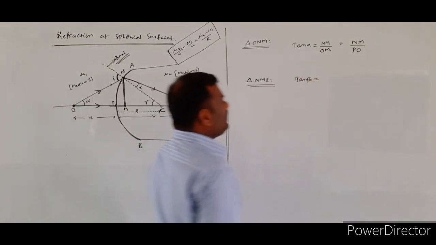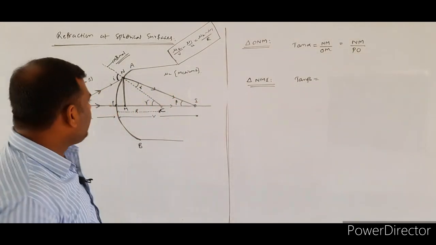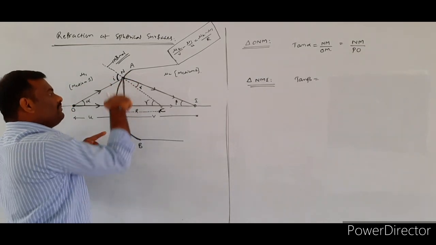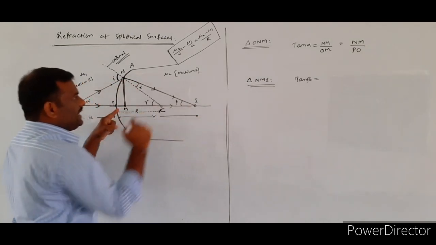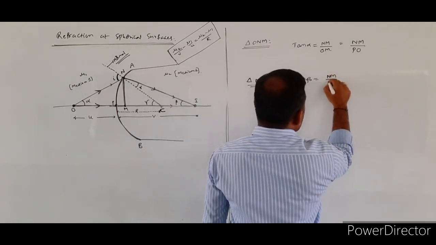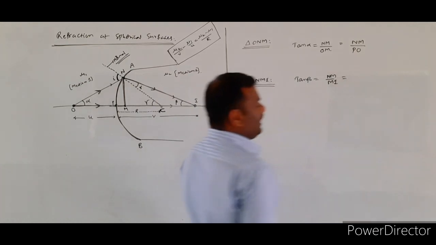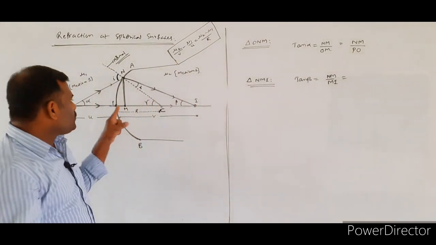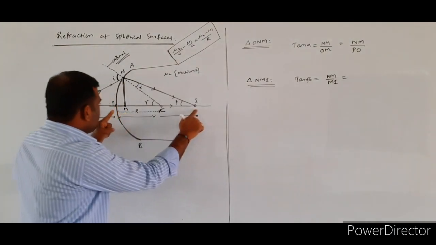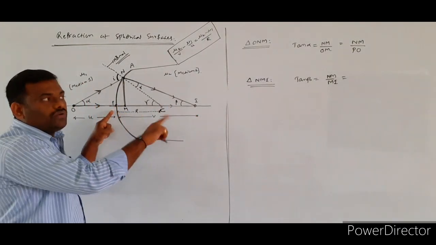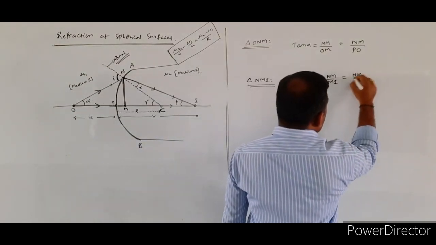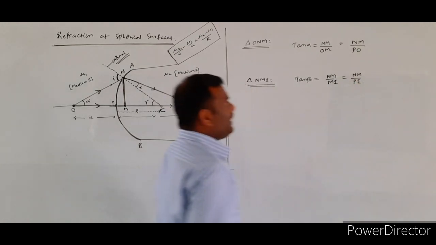Tan beta is equal to opposite side by adjacent side, so from the given triangle, tan beta is equal to NM by MI. Already we told that P and M are very close, so MI is equal to PI. Therefore tan beta is equal to NM by PI.